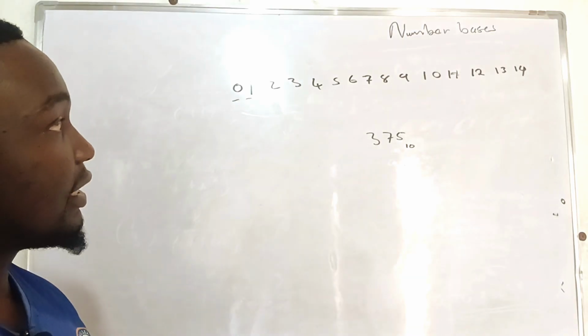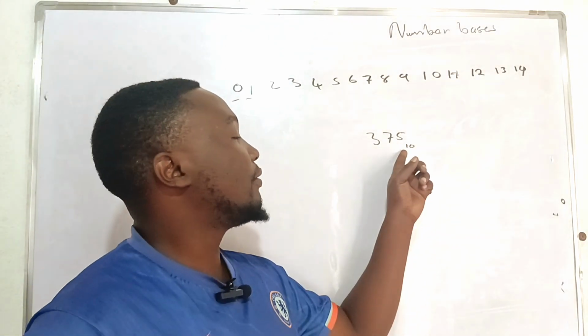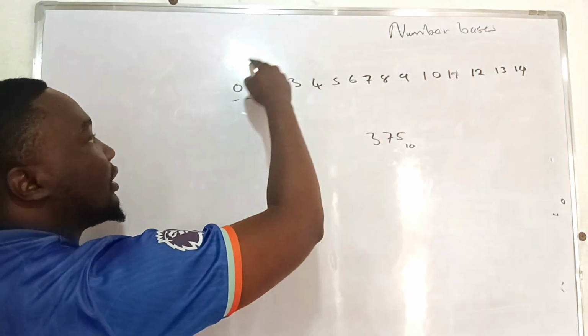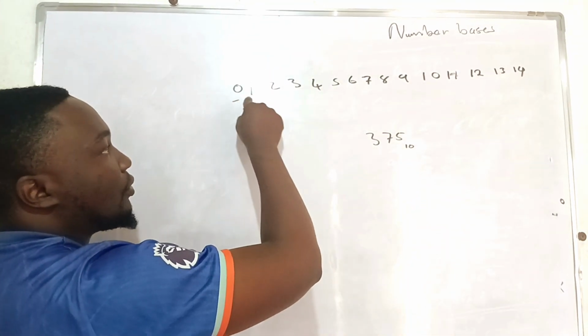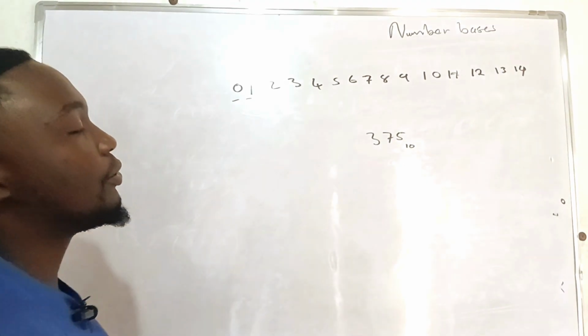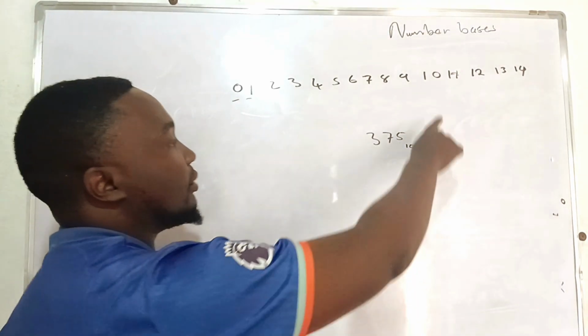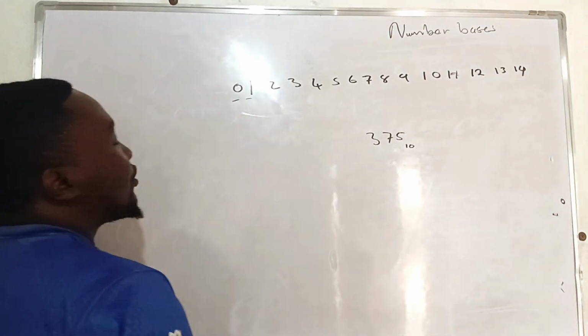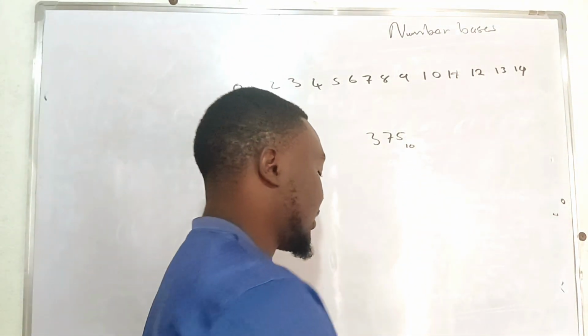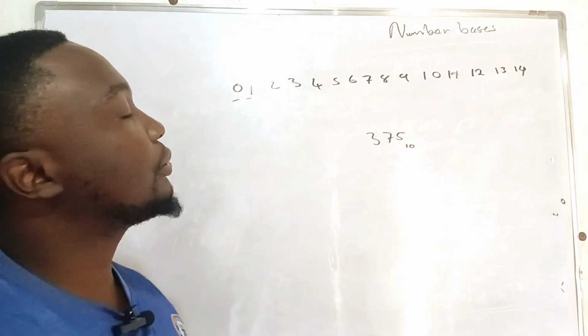In base 10, there is no single digit for 10, we return to 1, 0, 1, 1, 1, 2, 1, 3. So there is no digit greater than 9 in base 10. So we are going to learn about other bases, base 2, base 3.